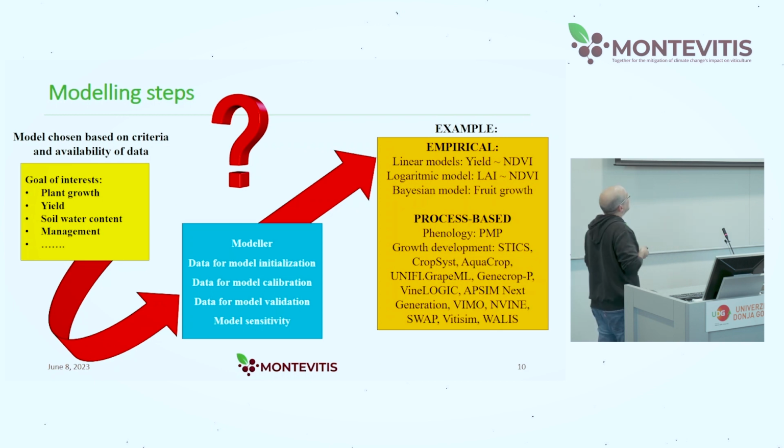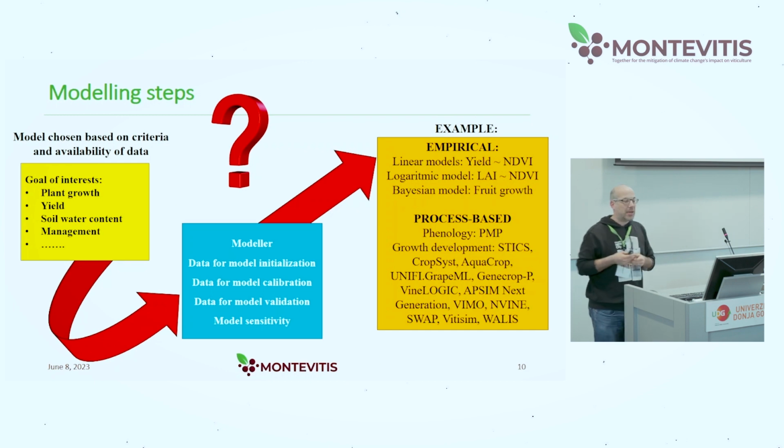In this case, for example, I put here some different models. With linear models, we can establish a relationship between the yield and the vegetation indices, as we saw in the previous slide.